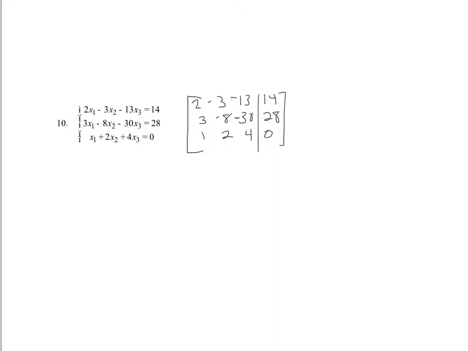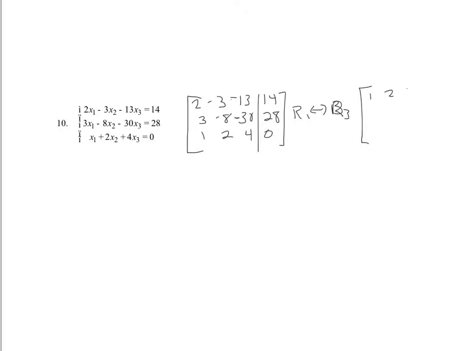Now, you've got some options on what to do here. One possibility is, since we have a 1 as the first element in the bottom row, we could switch row 1 and row 3. If you wanted to multiply the top row by 1/2, that's certainly an option too, but it will create some fractions for you.